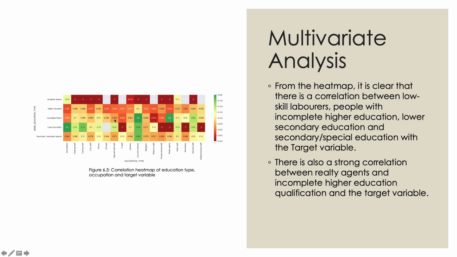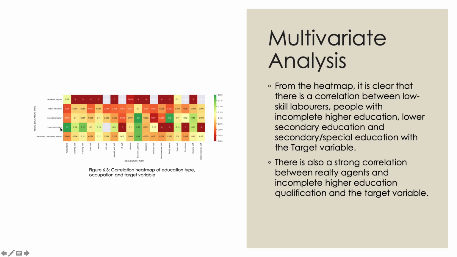And then after that, we also have incomplete higher education, realty agents, and I believe if I added another variable, maybe gender, you would probably be seeing male here. So that speaks a lot. And then we had school cooking staff as well, and another high one here, which is accountants, which was quite surprising.